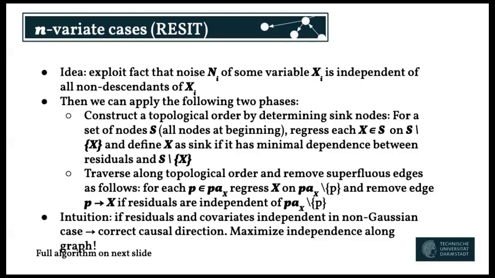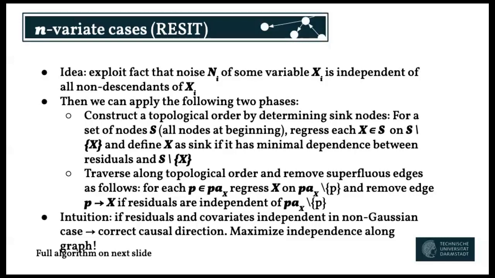So kind of try to find a minimal model that still explains our data, and we just proceed in a similar way. We regress each sink node X on its parents, and we keep removing variables from this parent set until we find that this independency statement does not hold anymore.